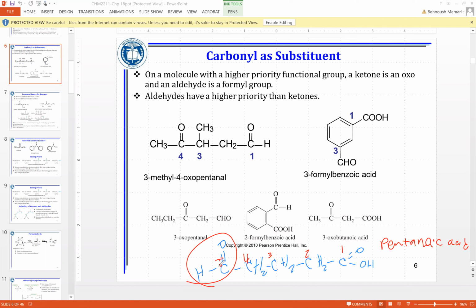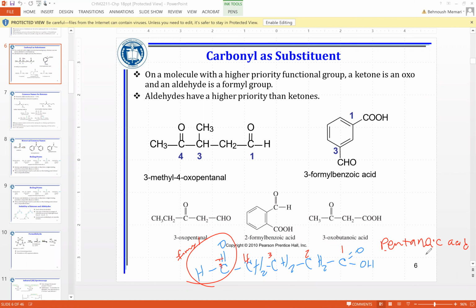This is not formyl. Because if I say formyl, that means I'm doing C=O and the H. If I name this as a formyl, that means I have to say butanoic acid, not pentanoic acid.